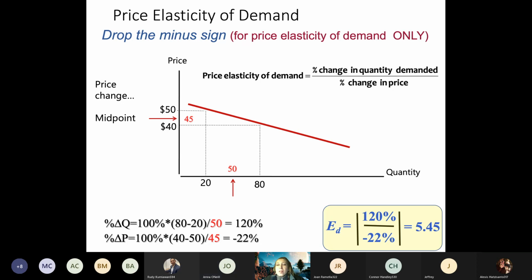Okay, so elasticity is a number, but this number in a way shows a percent, but it's not a percentage point. No, it's a number. Like when we say that it goes down, is it going down 23% or is it going down by a quantity demanded of 23?